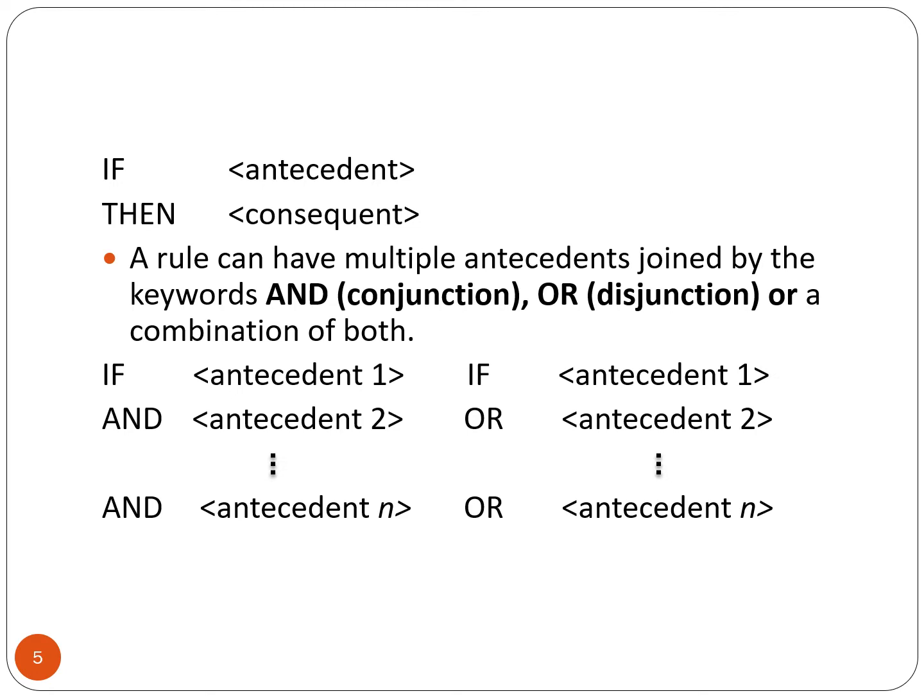But the key point is you need to have two parts, antecedent and consequent, where in the antecedent you can have more than one antecedent. And then you need to have a consequent.